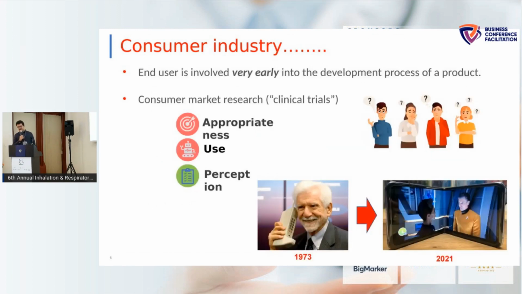The consumer industry is a good example of how to implement a patient-centric approach because their device or their product development is very focused on what the consumer in the end is looking for.